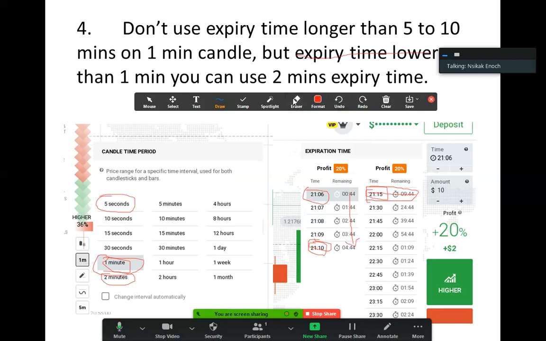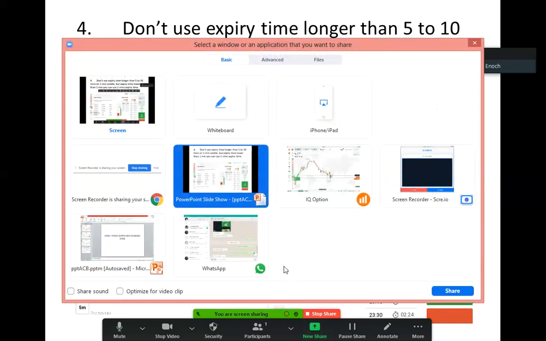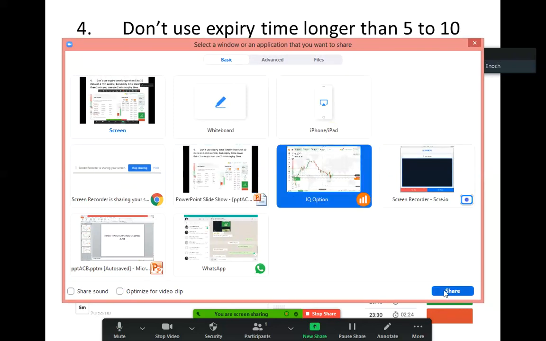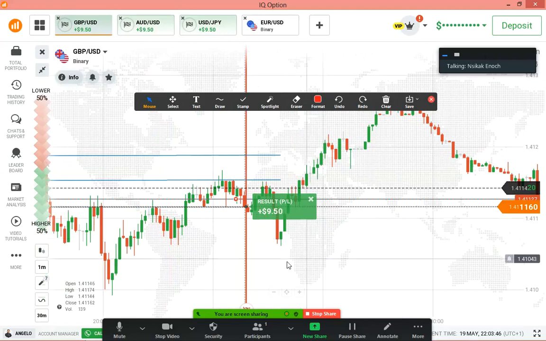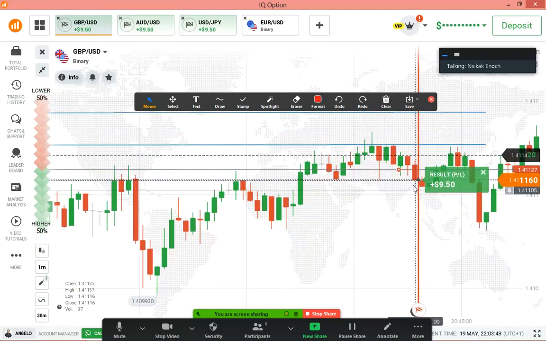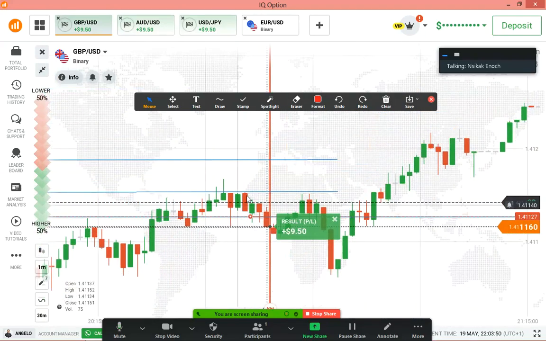I will show you why you should not use expiry time longer than 15 minutes. So this is the trade I took some minutes ago before the market got back. Let's say for example I entered the trade here and I use up to 30 minute expiry time.